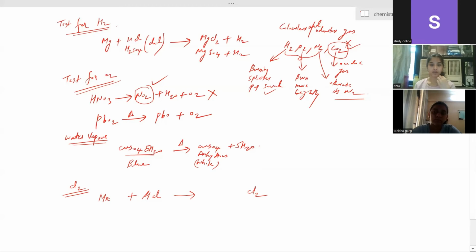Manganese. MnO2 plus HCl. Oxidizing property. This reaction will be with concentrated or with dilute? Concentrated. Perfect, concentrated. And what will be the products formed?